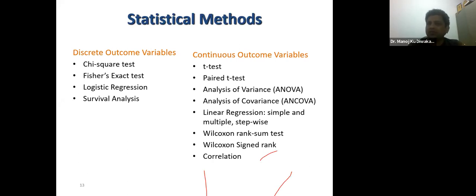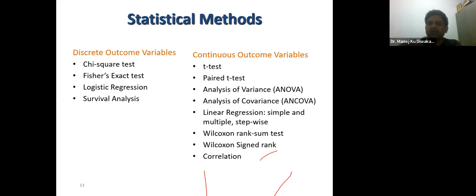The chi-square test can also be used to see the goodness of fit, or for the independence of your categories. Then you can go for the Fisher exact test if some assumption is not met in chi-square.